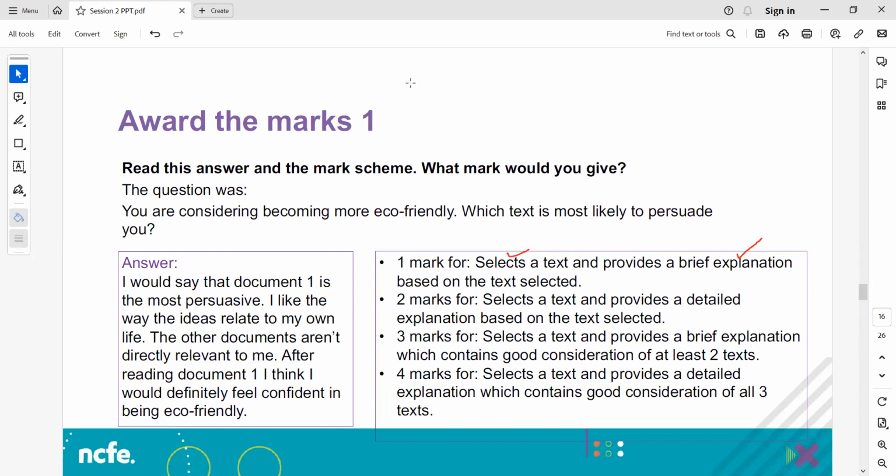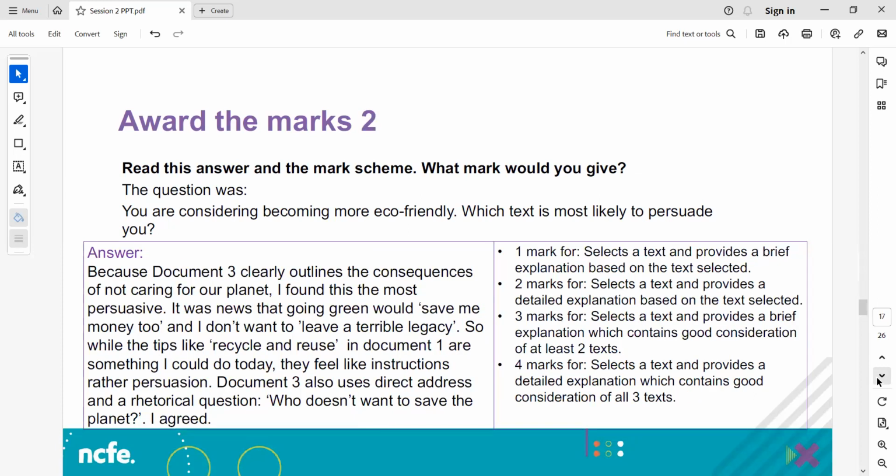Okay, so we've got another one to look at. The question here was, you are considering becoming more eco-friendly. Which text is most likely to persuade you? And the answer is: because document 3 clearly outlines the consequences of not caring for our planet.